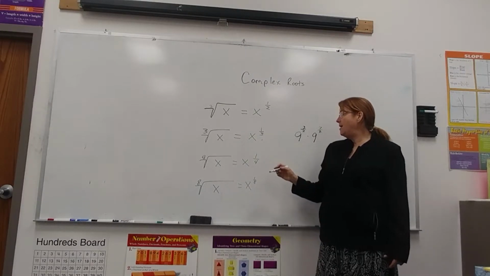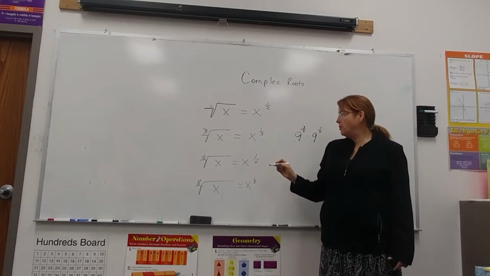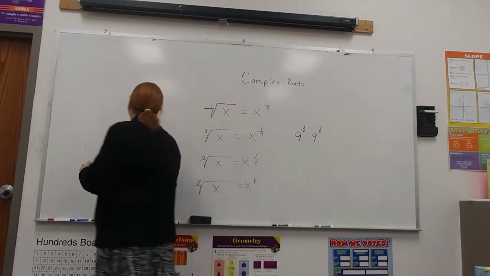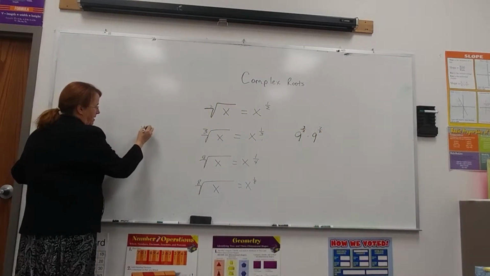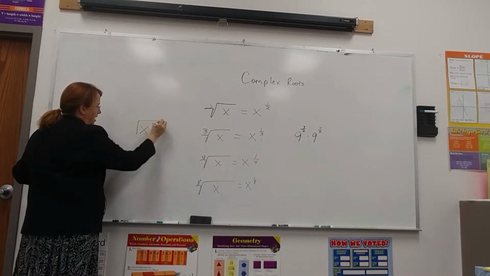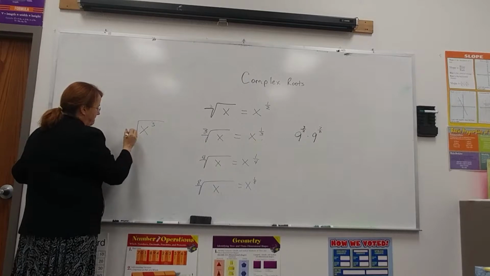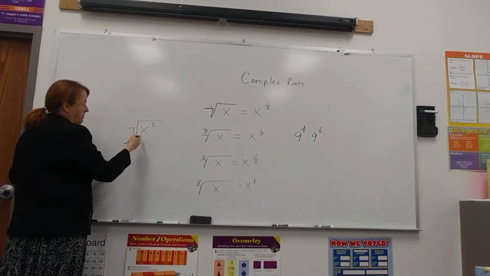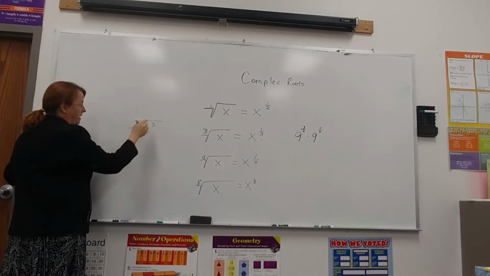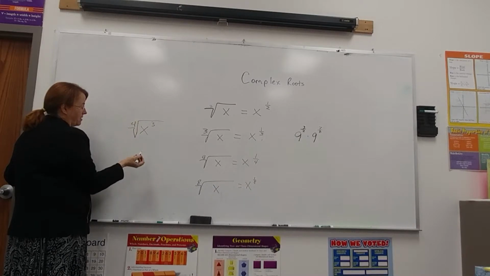So if I had the 3rd root and I said I need the 4th root, so I had the square root of x to the 3rd, or I want to say the 4th root of x to the 3rd.